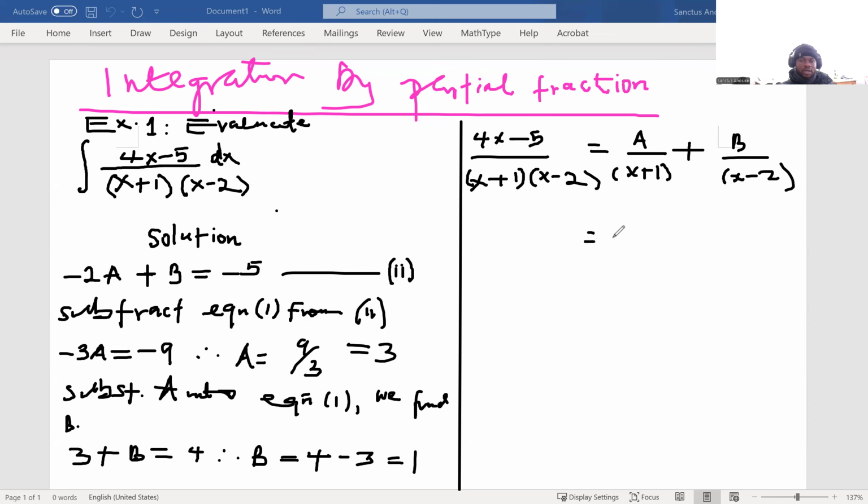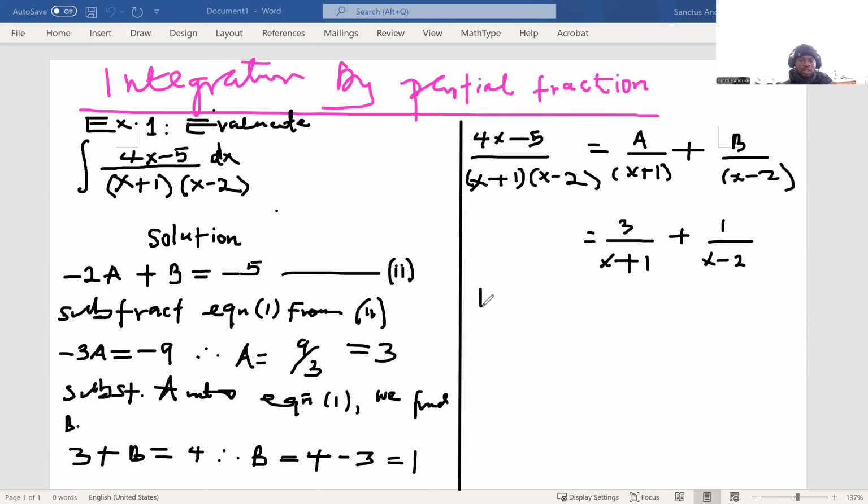So we found our a to be 3. This should be 3 over x plus 1, and b to be 1 over x minus 2. So we can now integrate both sides.